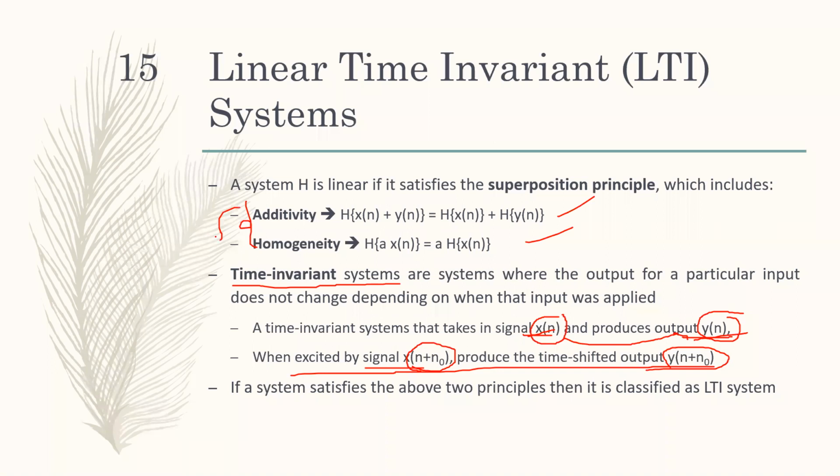If all these three conditions are satisfied, then I classify the system to be an LTI system. If any one of the properties, be it additivity, homogeneity or time invariance, is not satisfied, then it is not an LTI system.